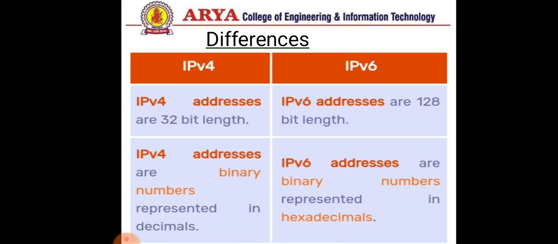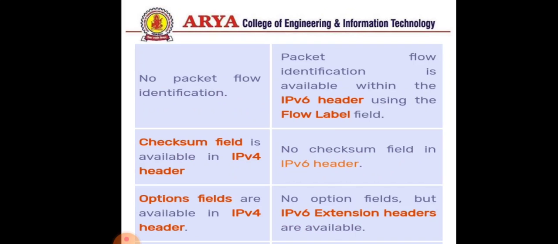IPv4 addresses are 32 bits long, but IPv6 addresses are 128 bits long. IPv4 addresses are binary numbers represented in decimal, and IPv6 addresses are binary numbers represented in hexadecimal.